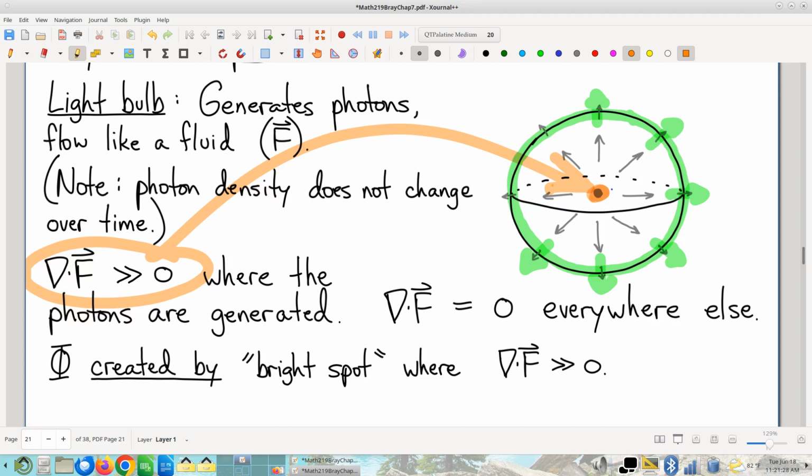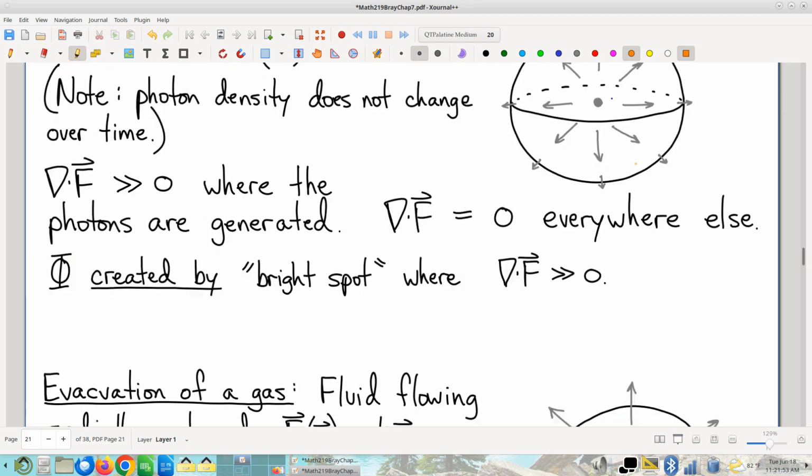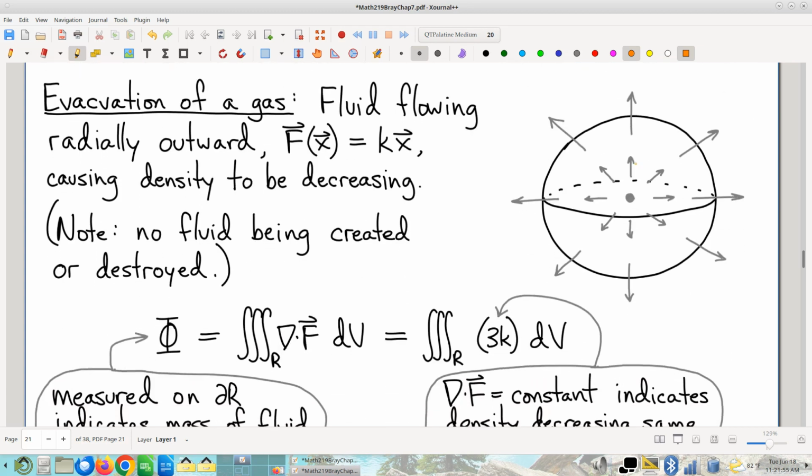So if you want to get comfortable with this creepy, seemingly abstract idea of detected on the boundary but coming from the interior, this is your example. It literally is coming from the interior, even though it's measured on the boundary. So I think that's a nice aspect of this as well. Okay. All right. Let's look at this next example.